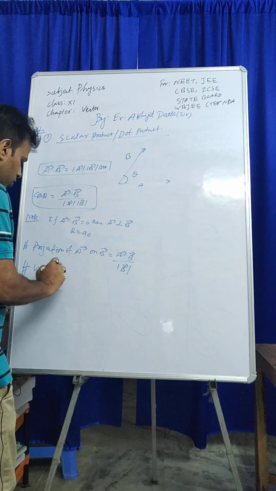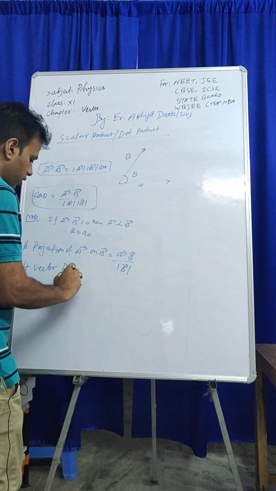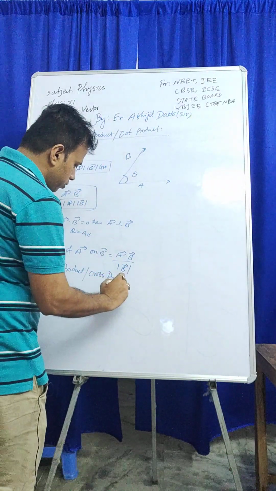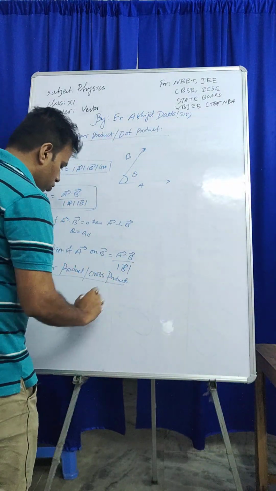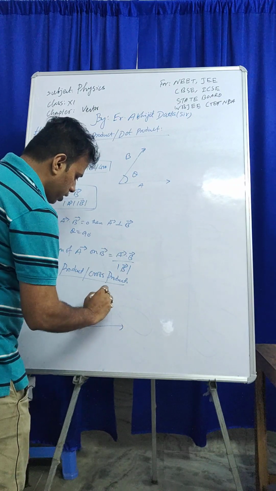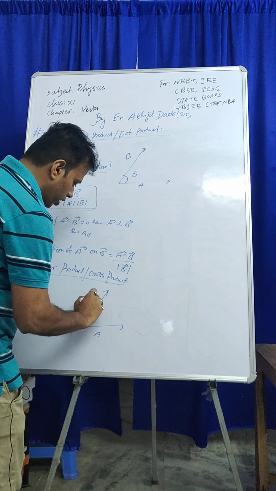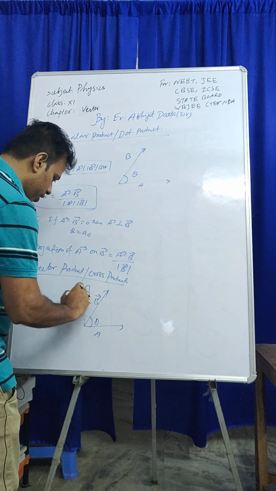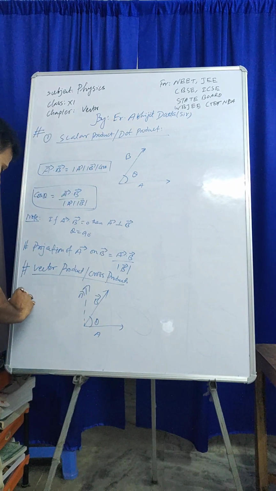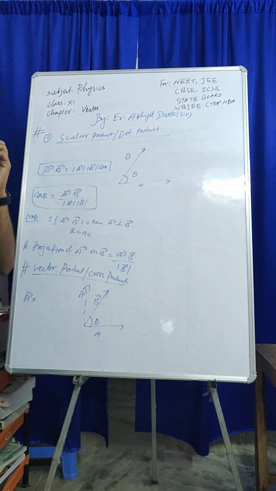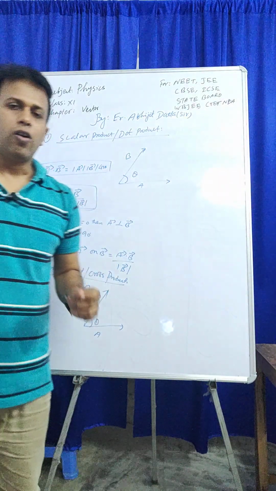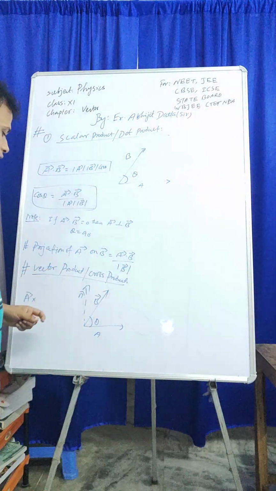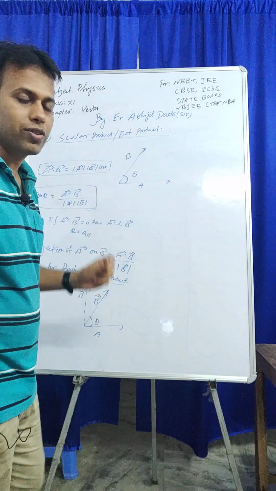And now vector product or cross product. Suppose this one is A vector and this one is B vector, and the angle between them is theta, and this one is n cap. Okay, so in the scalar product we only have magnitude but not direction, but in case of vector product, there will be magnitude as well as direction.